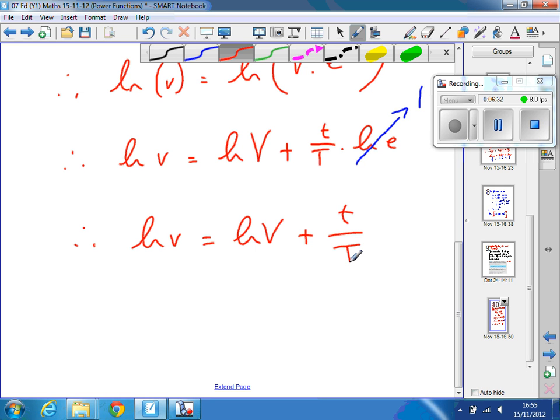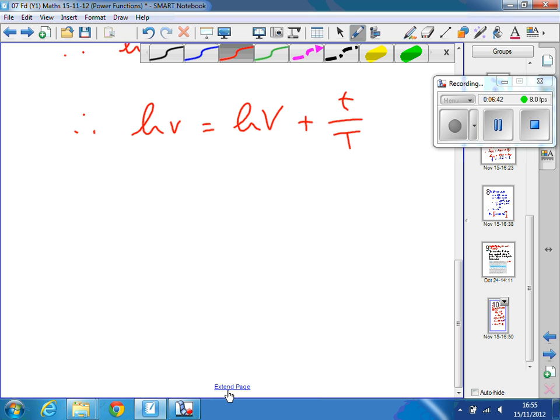So now, if we think of our original function, I write this slightly differently: ln V equals the constant, which is 1 over T, times t, which is the variable, plus ln V naught, which is a constant.